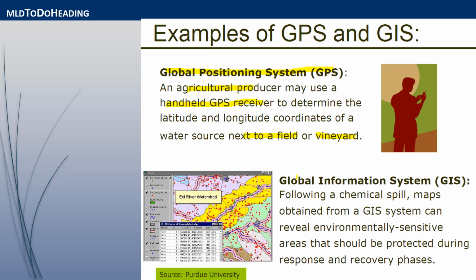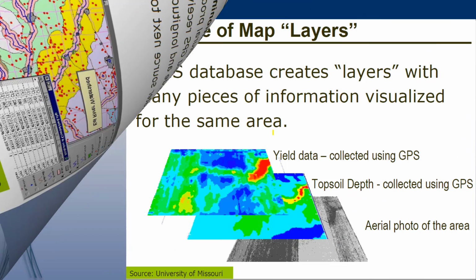Whereas in the case of GIS, the following heat maps are generated to check any kind of chemical spill or pest attack, and any kind of information regarding crops can be generated. This is all software, and GPS is the hardware.